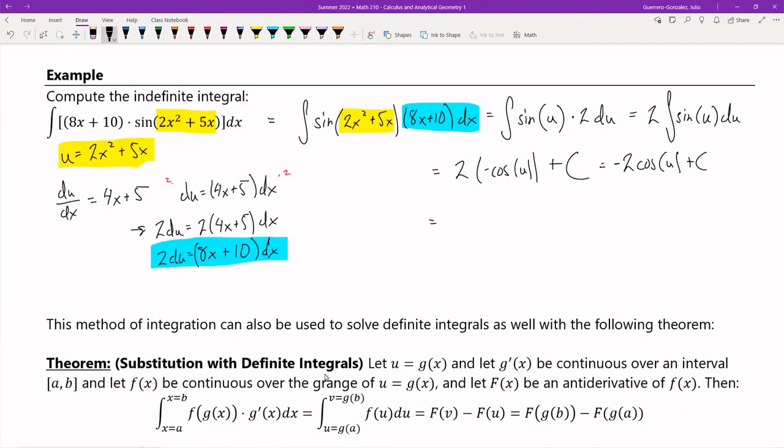And now I get to undo my substitution. So negative 2 cosine of my u, which is 2x squared plus 5x, plus a constant c. And we are done.